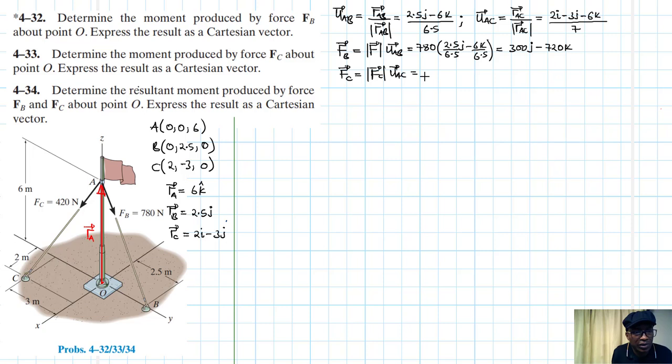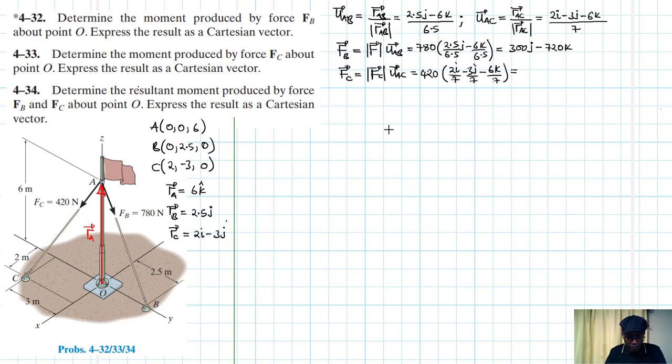This is equal to, as a magnitude is 420, and what's the unit vector? It is 2I divided by 7 minus 3J divided by 7 minus 6K divided by 7.